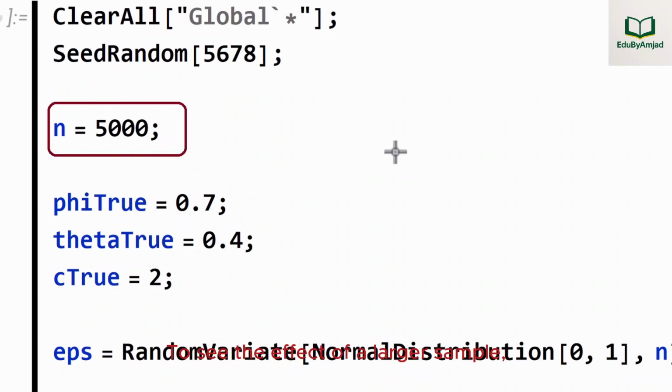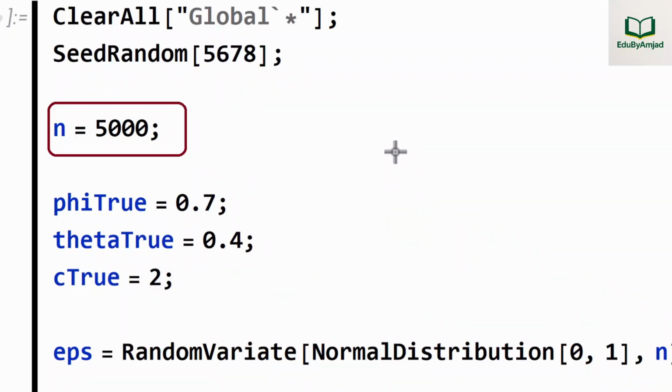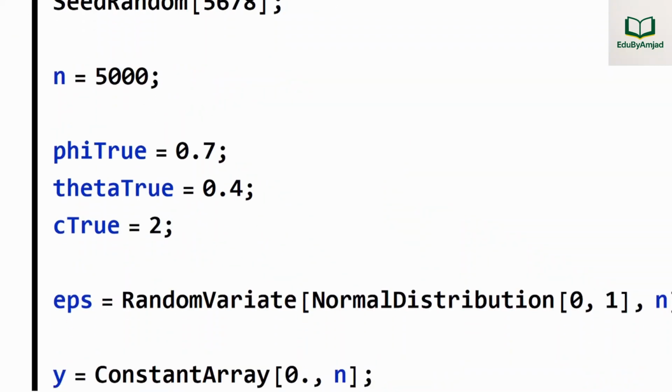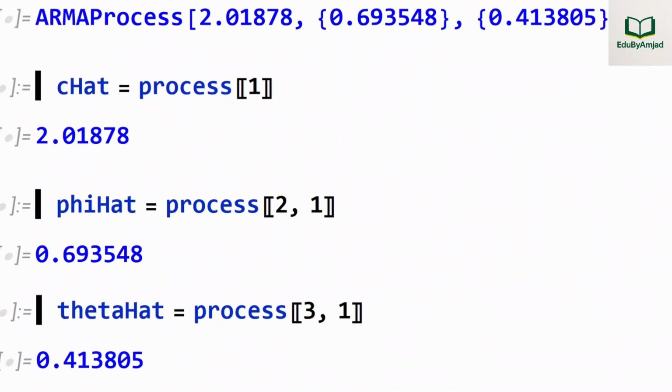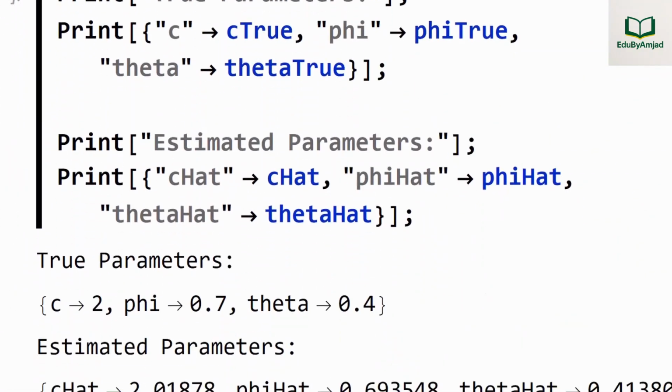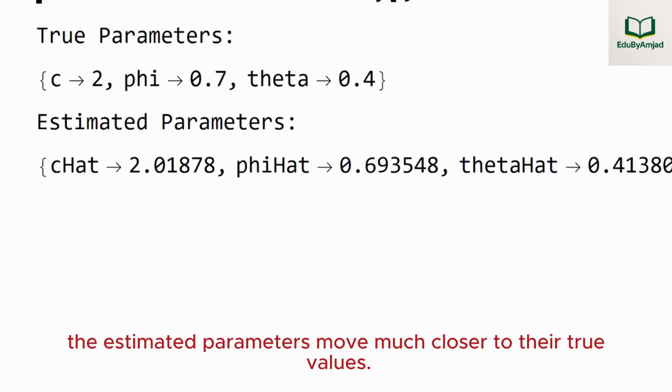To see the effect of a larger sample, we repeat the simulation and estimation using 5,000 observations. With substantially more data, the estimated parameters move much closer to their true values.